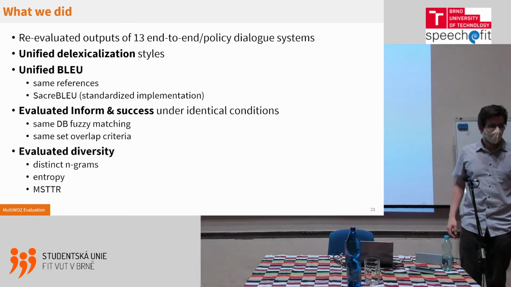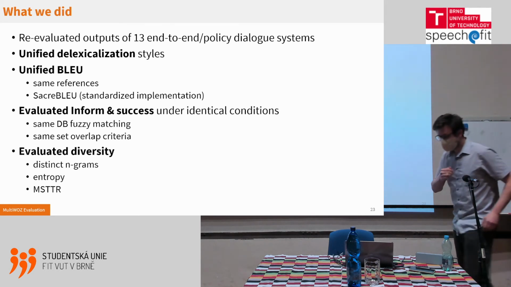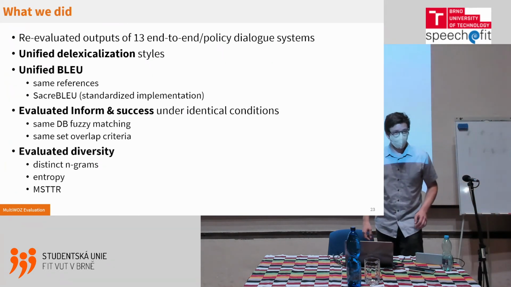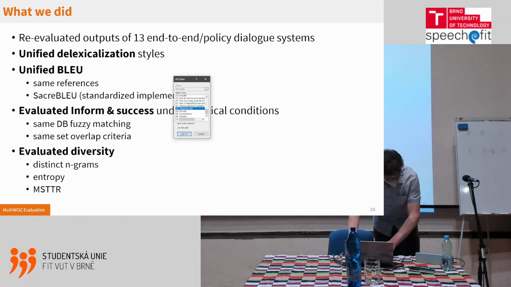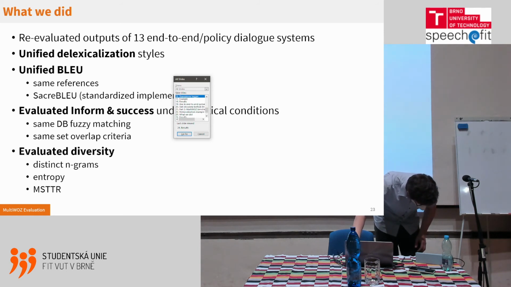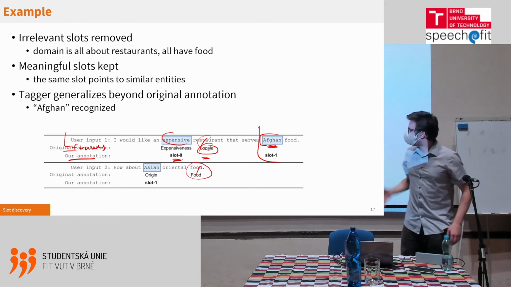So in the automatic slot discovery, your model would produce slot labels such as slot 0, slot 1, slot 2, but the supervised model will have the actual slot names, right? Yes. And how does the comparison happen there? This is a bit of a problem.